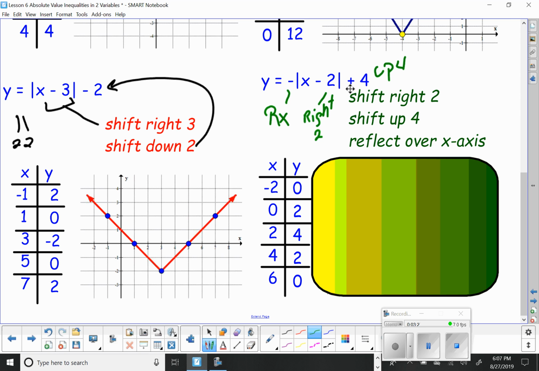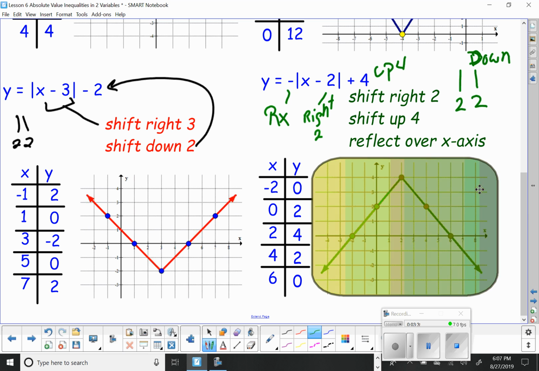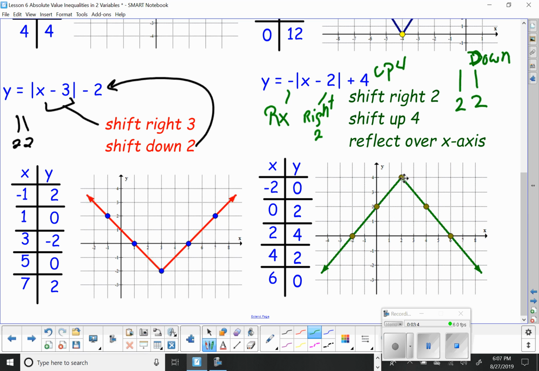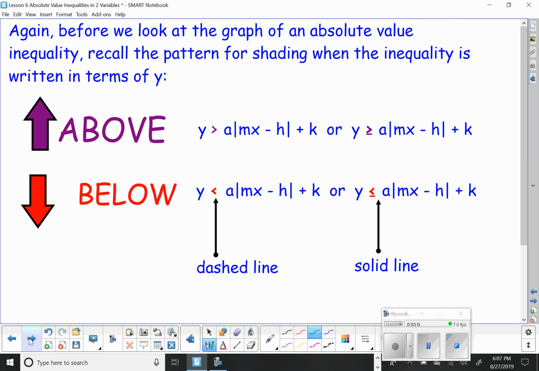Then, when you do your pattern, which is 1, 1, 2, 2, instead of going up, you're going to go down because of the reflection. So, right 2, up 4, I go right 1, down 1, right 2, down 2, etc. Great! You've got these down pat.